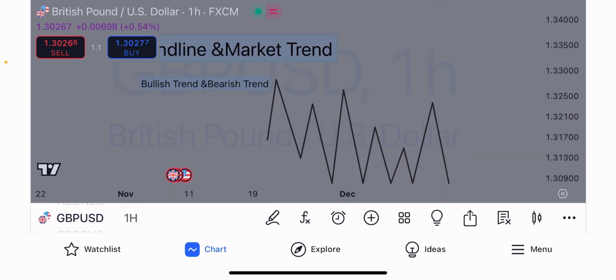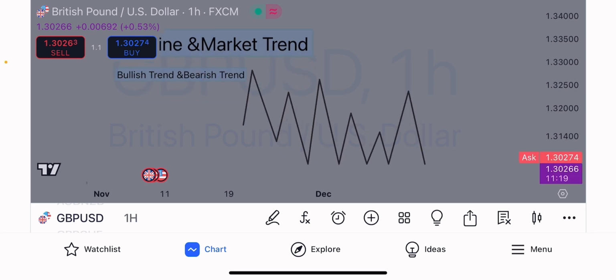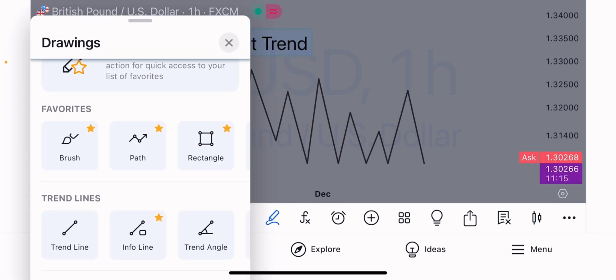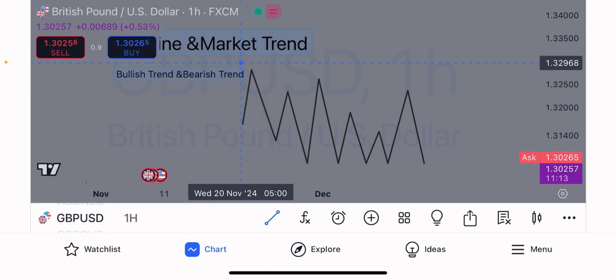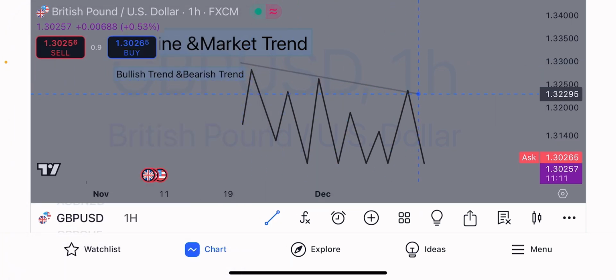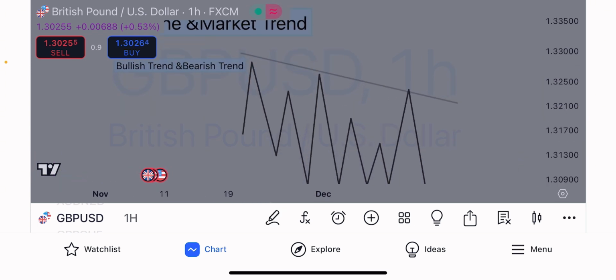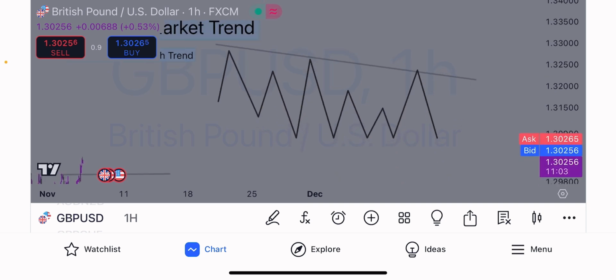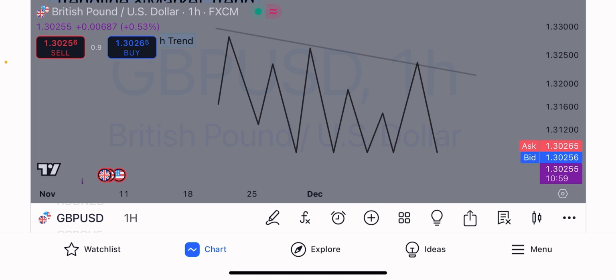But with a trend line, you'll be able to know if it is bearish or bullish. With this, you notice that we're in a bearish market, even though it's not giving us a clear movement of lower highs and lower lows, but we are still in a bearish trend.